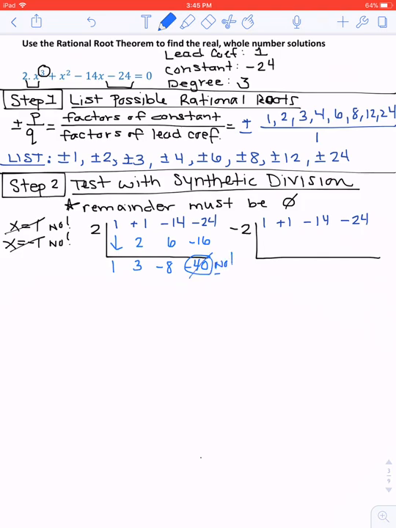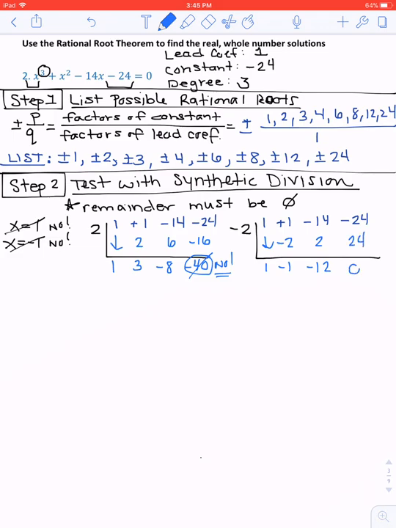All right, let's test negative 2. Bring down your 1. Negative 2 times 1 is negative 2. 1 plus negative 2 is negative 1. Negative 2 times negative 1 is positive 2. Negative 14 plus 2, you should get negative 12. What is negative 2 times negative 12? 24.